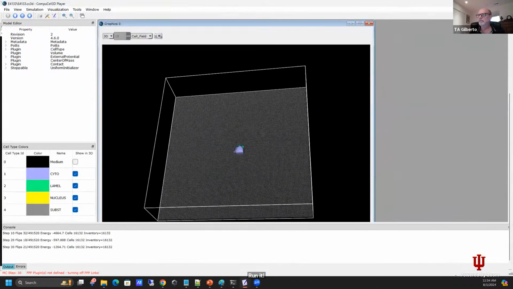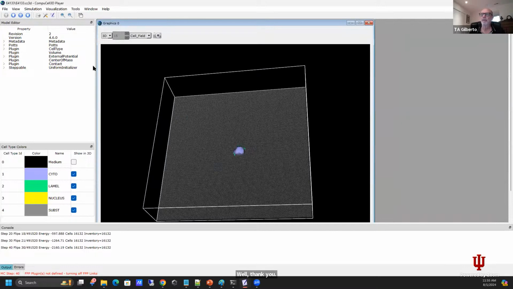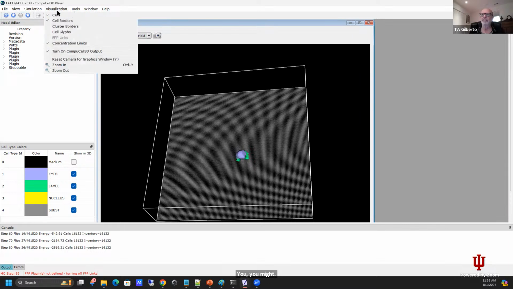One thing you should do here is, when you have 3D simulations, let's pause here, to get rid of this cell border visualization, because this feature activated will tell CompuCell to render images.